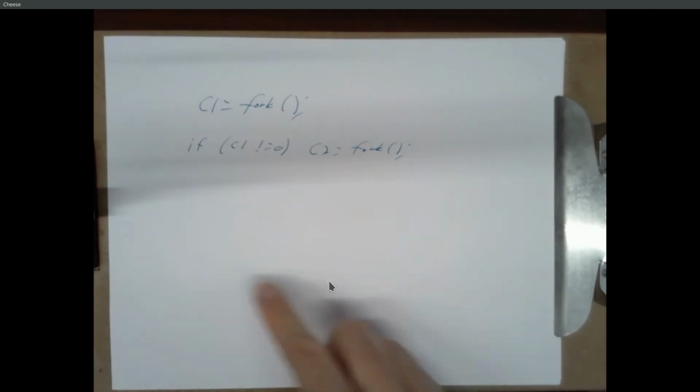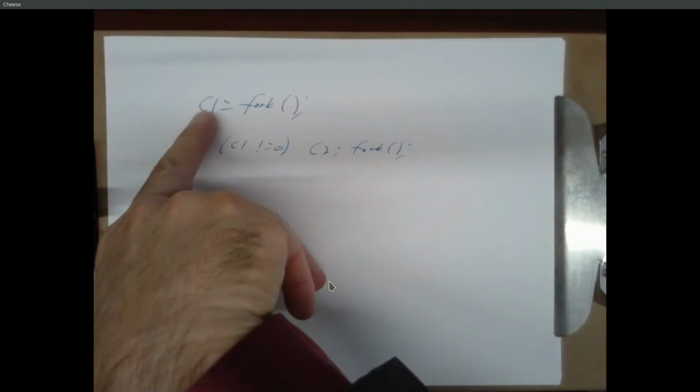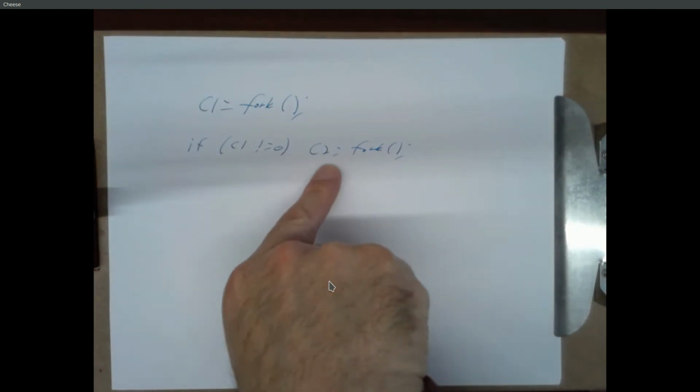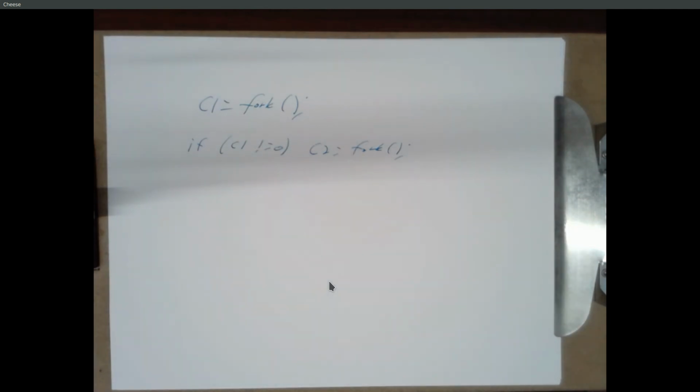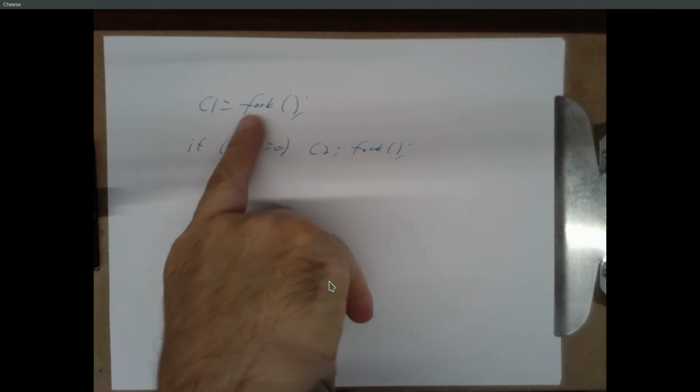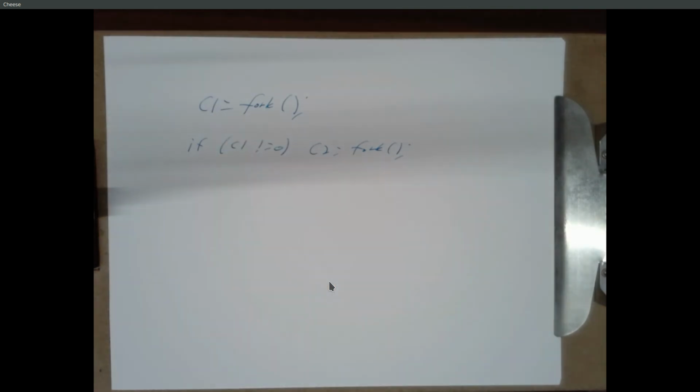So now you've got a parent with a child whose ID is C1 and another child whose ID is C2. And both of those are owned by the parent. And that's a more controlled way to fork because it's always the parent process that's creating the sub-processes, as opposed to potentially having a child create a new child. That's where you're more likely to accidentally fork bomb yourself.